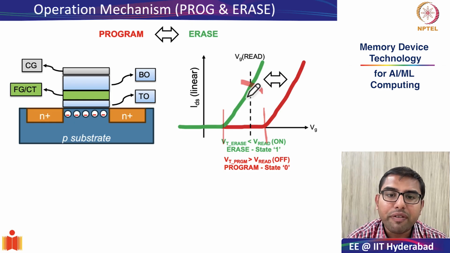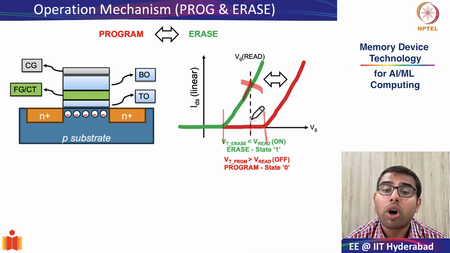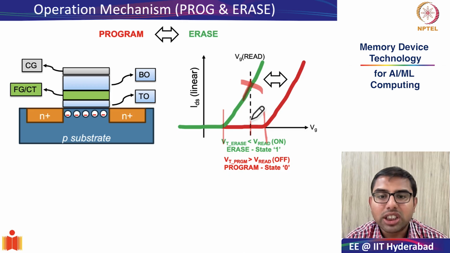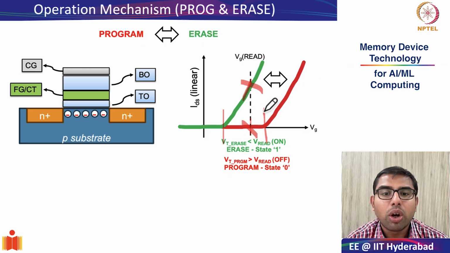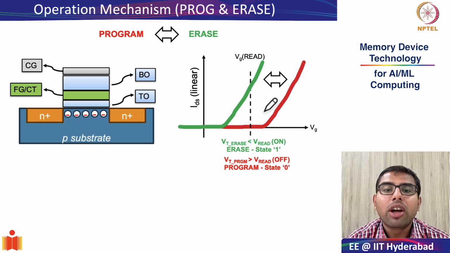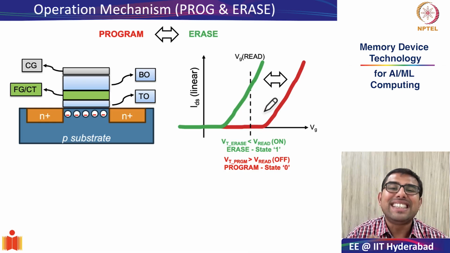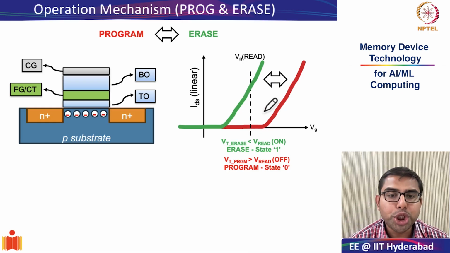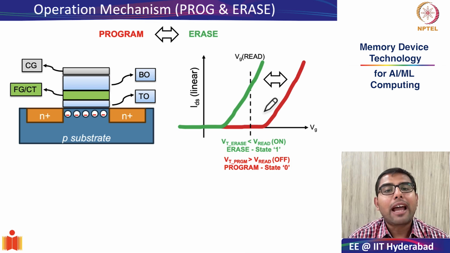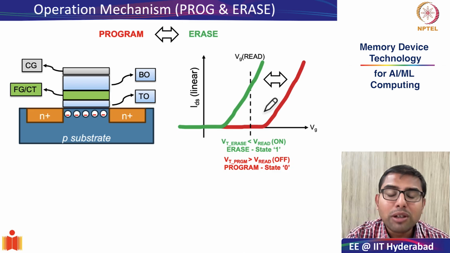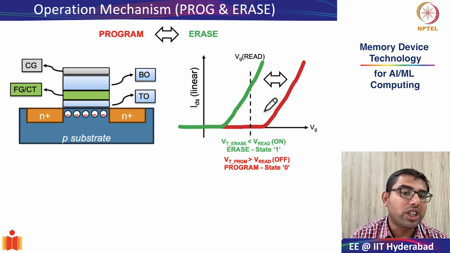You see a finite current at the read voltage, and at the same read voltage in the program state it is in the off state. As a result, the same transistor, by virtue of charges being trapped and detrapped, can behave like a memory device.